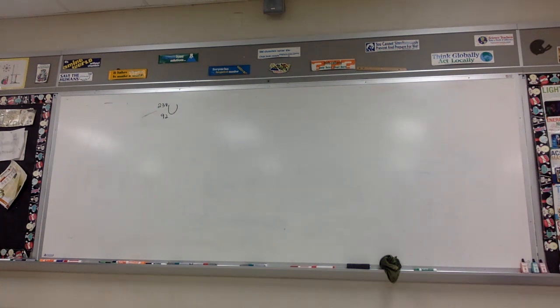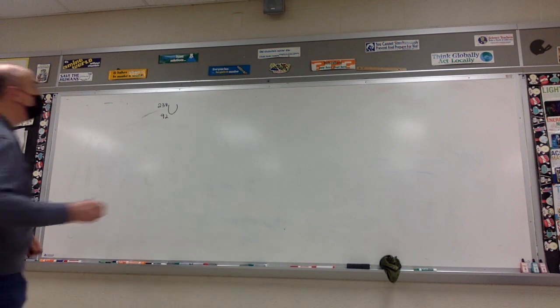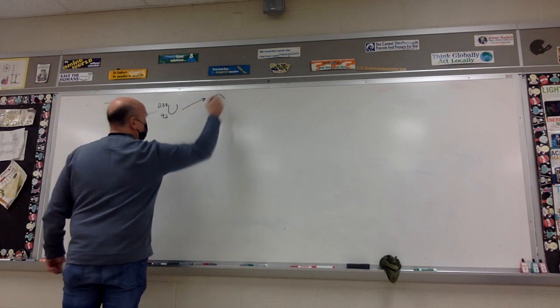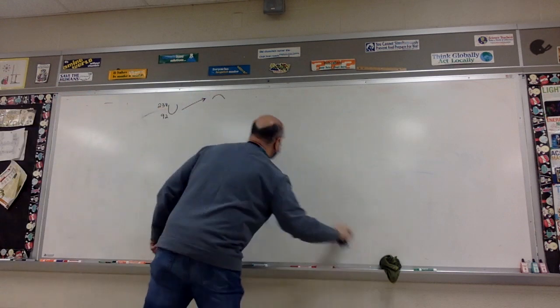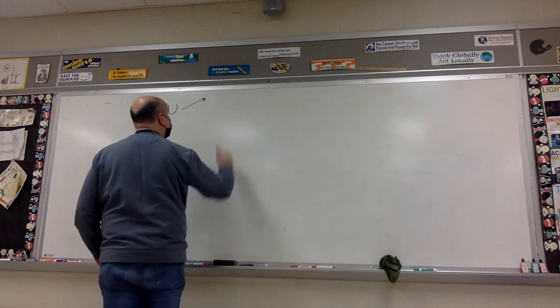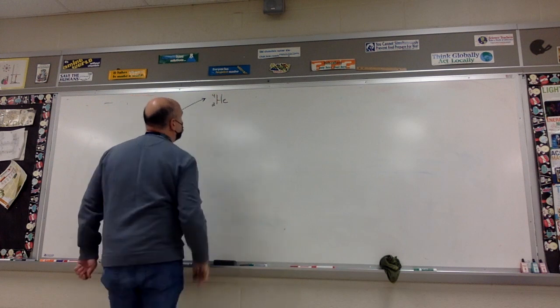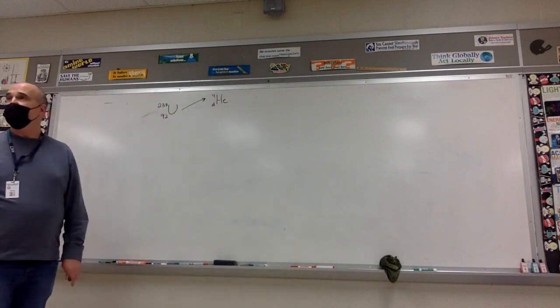Only one of those cards for the daughter, only one of those can be in. The correct daughter isotope will be. So you have to write two equations. You're going to say, okay, what am I going to get if it's alpha decay?